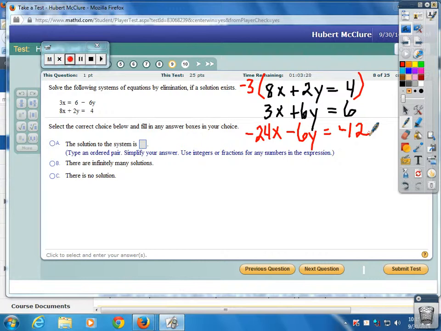If I want these to cancel, I've got to make this into a 6. What do I need to do to this whole equation to make this into a 6? Multiply by 3. But that's not going to help me because I have to have opposite signs, because you remember my notes that I gave you. -6, +6. So how do I make a 2 into a -6?